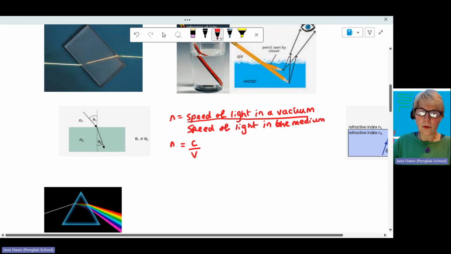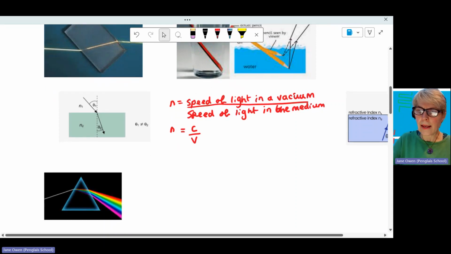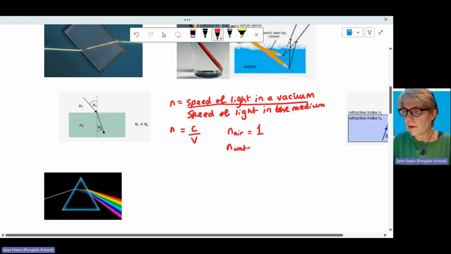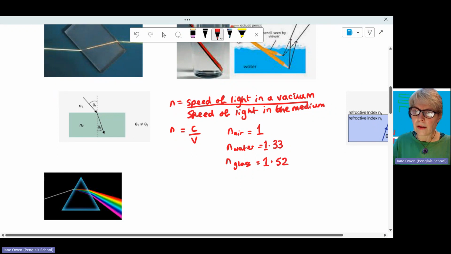So for example, the refractive index of air is given as 1, and the refractive index of water is given as 1.33. And the refractive index of glass is given as 1.52. Okay, so you've got air here, we've got glass here.